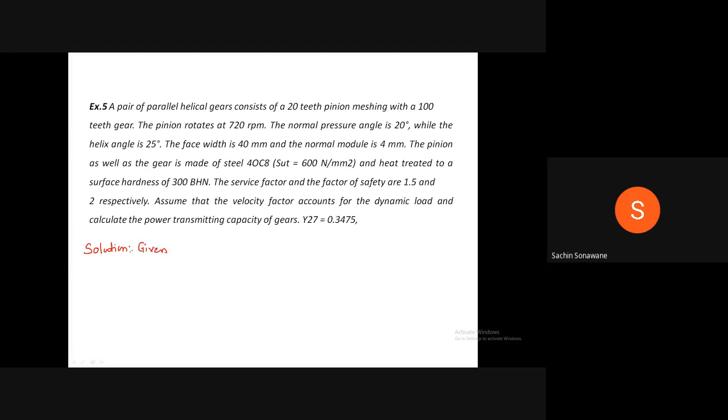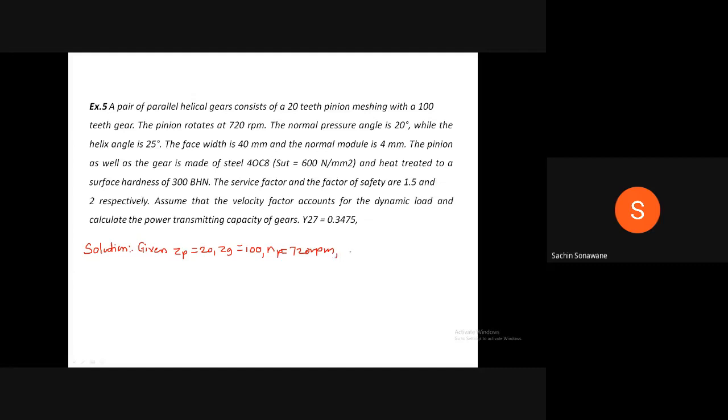Given. Now they have given first of all number of teeth on pinion. Therefore write down ZP is equal to 20. ZG is equal to 100. Speed of pinion they are given NP is equal to 720 rpm.